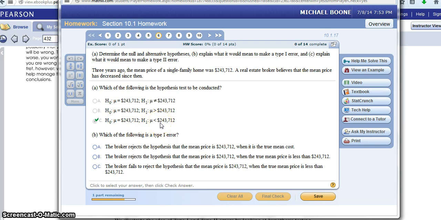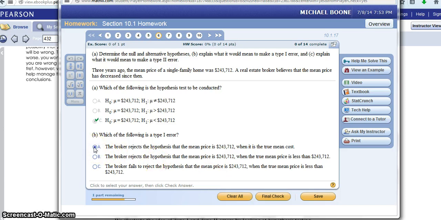But in actuality, it was 243,000. And so we reject the null when we shouldn't have. So the broker rejects the null hypothesis when it is the true mean cost. And so looking at these, I'd be looking at A.